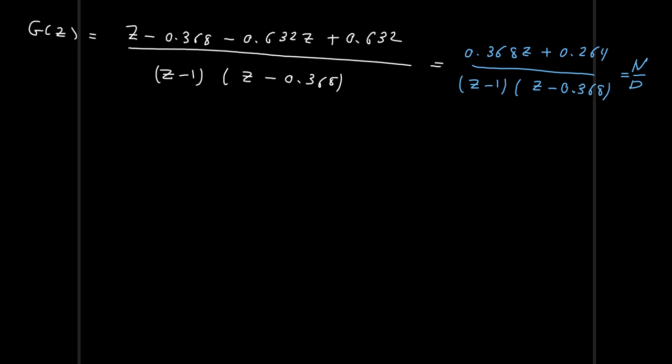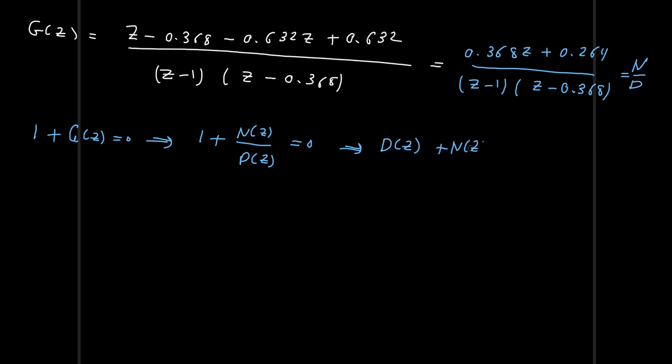We know that the characteristic equation is 1 plus G of z equal to 0. So this can be written in terms of N and D as 1 plus N of z over D of z equal to 0. So our characteristic equation can be written as D of z plus N of z equal to 0.